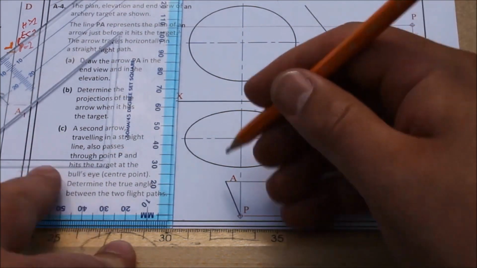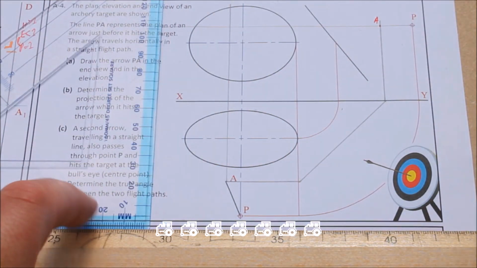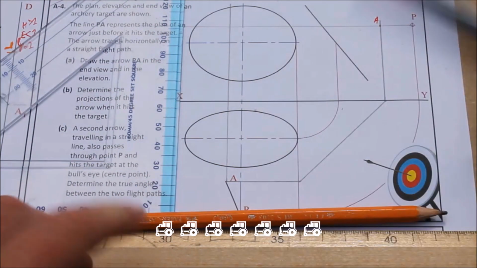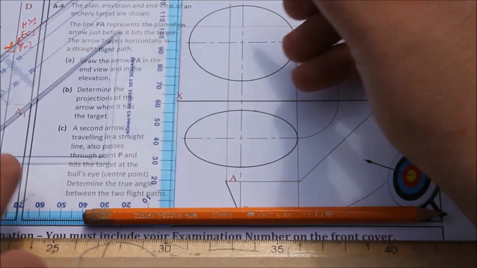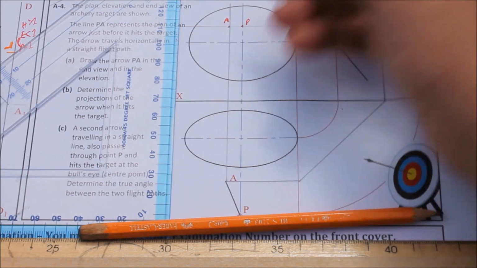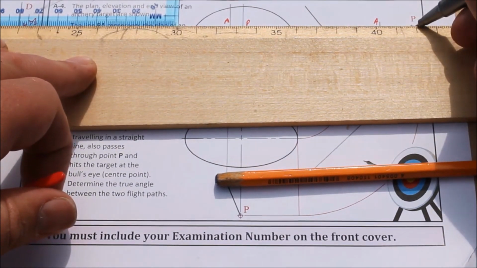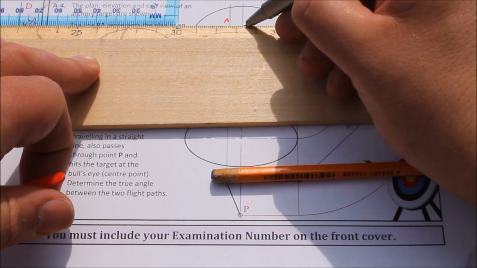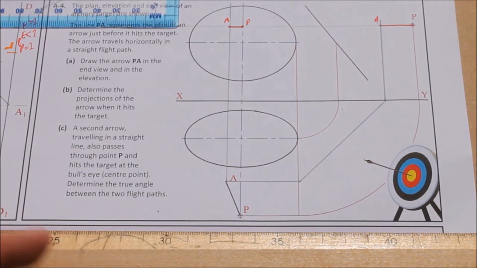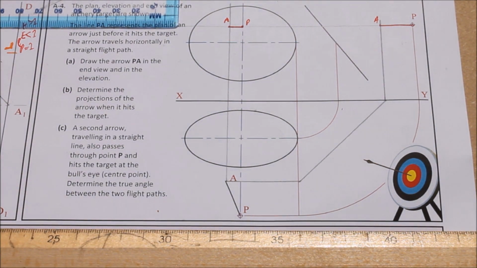And then you need to project that up to the elevation zone. So just put that in a bit of colour, because if you read on through the question, it will be a second arrow, so just distinguishing the two.